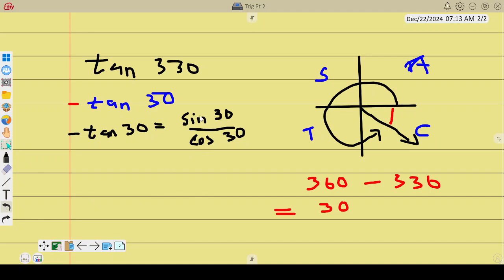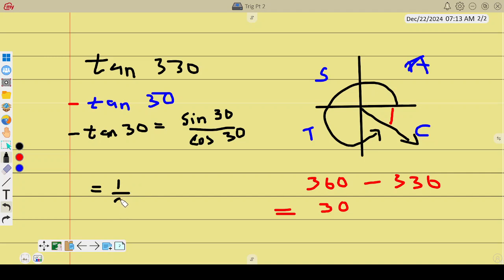So we would have to work out sine 30 and also cos 30, not forgetting that there's a negative. At this point I'm even very tired. So what is sine 30? You should know that it's 1 over 2.